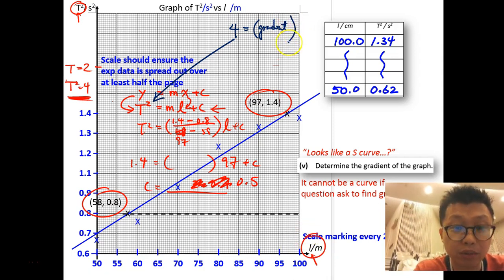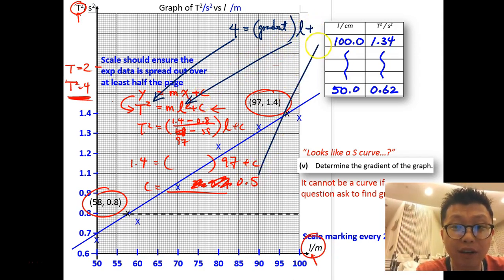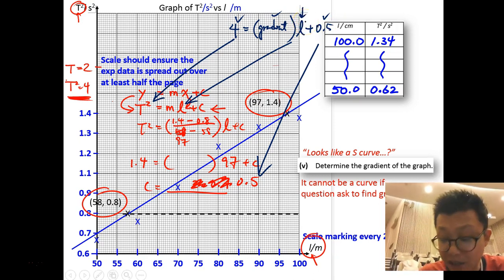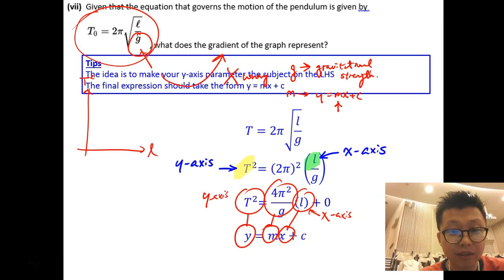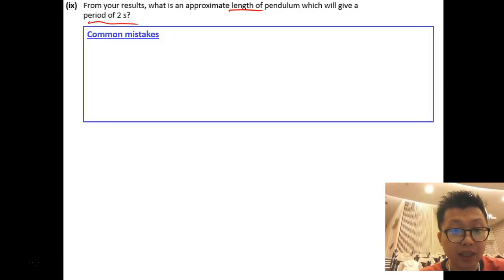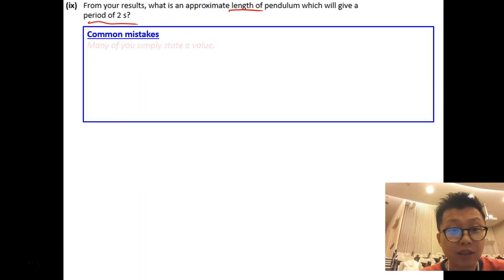You want to find L. So this L here, you do not know, so you put L plus C. C you have found out earlier that it is 0.5. So you know the gradient, you know the C, you just need to find this unknown. So this L, you can actually calculate, and once you have calculated it out, you can then answer this equation. Yeah? So this is how you answer this question.